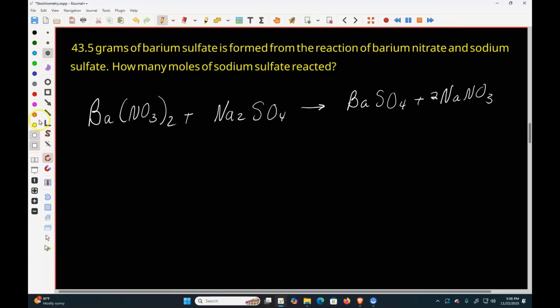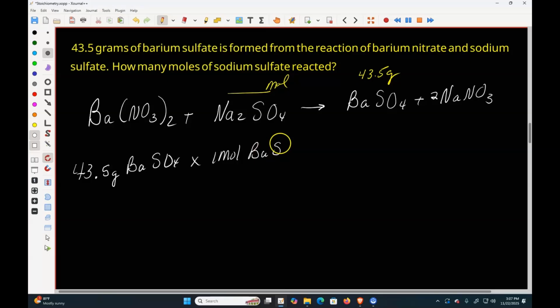All right, so I have 43.5 grams of barium sulfate, and I want to know how many moles of sodium sulfate. So I'll start with the 43.5 grams of barium sulfate, convert it into moles.